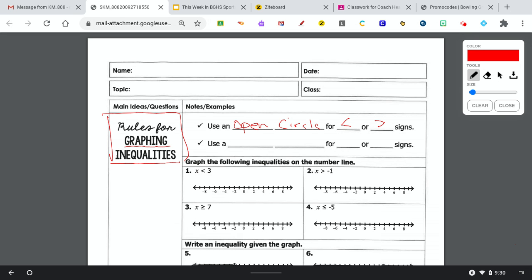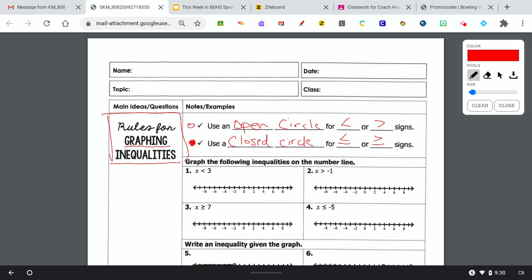When we're graphing these, we're going to use an open circle for those two signs, and we'll use what we call a closed circle for our less than or equal to or our greater than or equal to. Just think of open circle as literally open, and a closed circle is really just filled in.